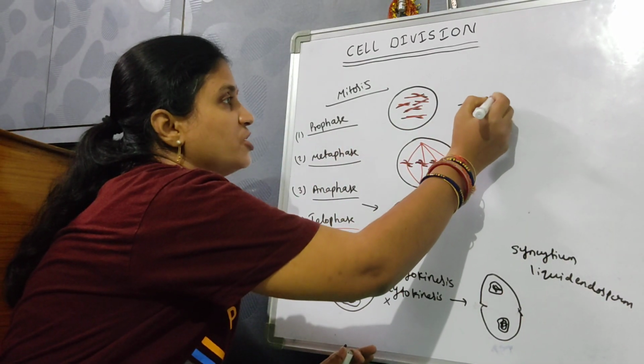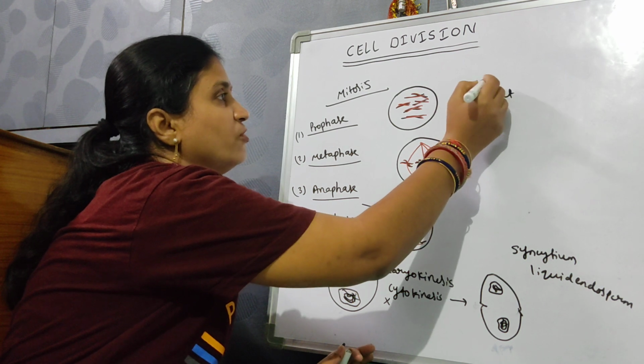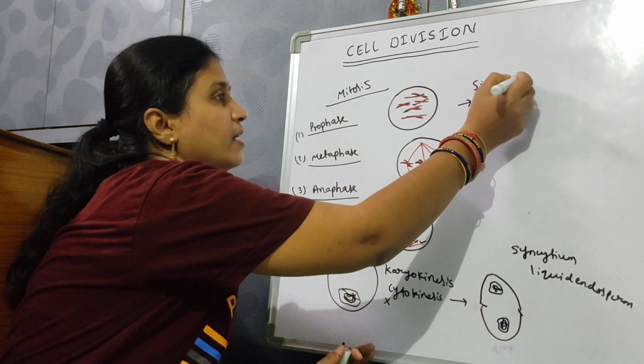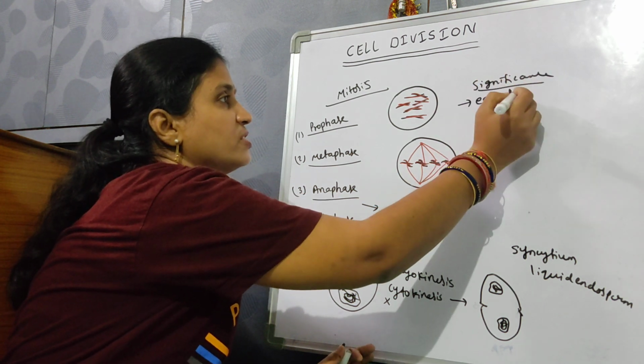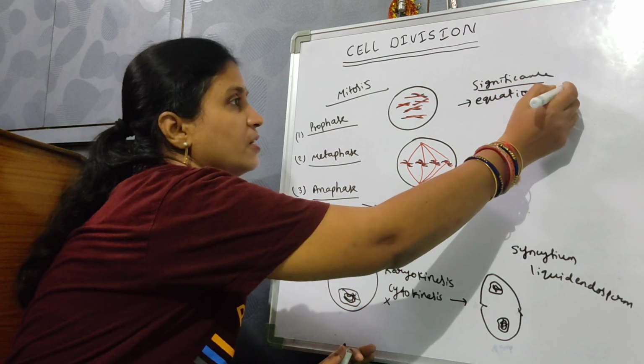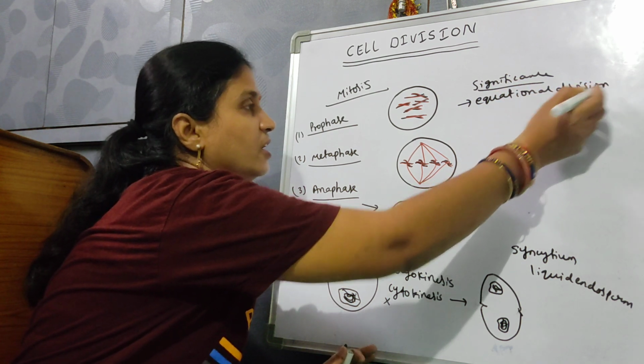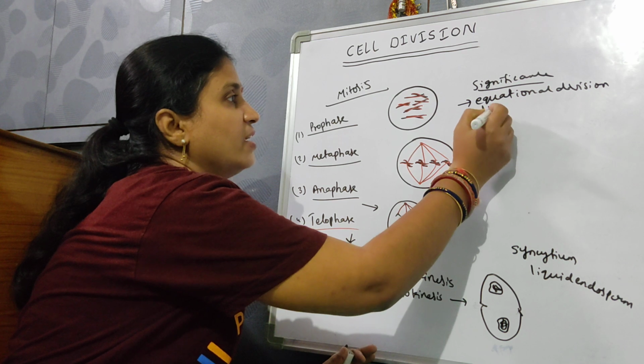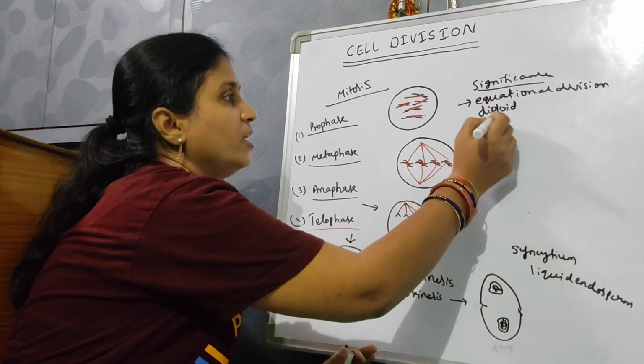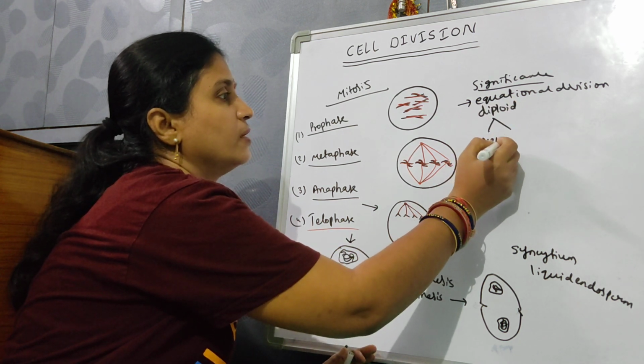So it is an equational division. If we talk about the significance of mitosis, it is an equational division. If the parent cells are diploid, the offspring are also diploid.